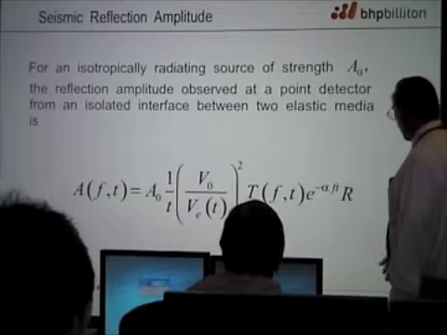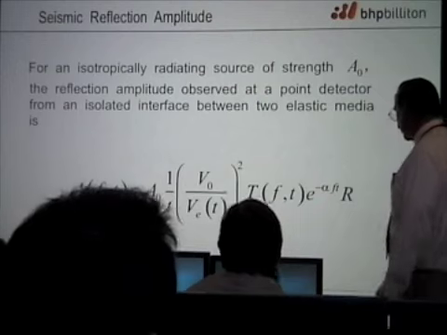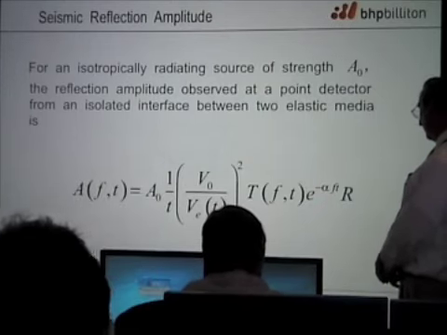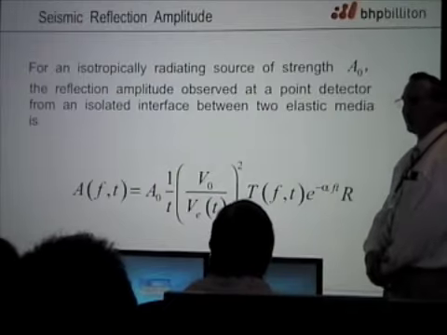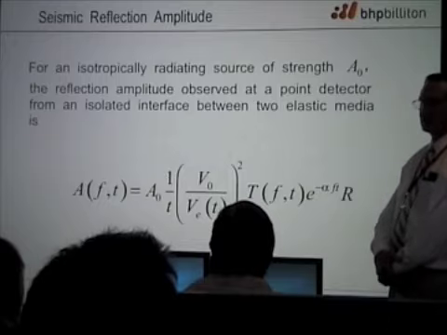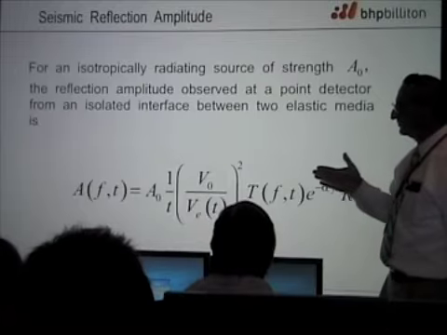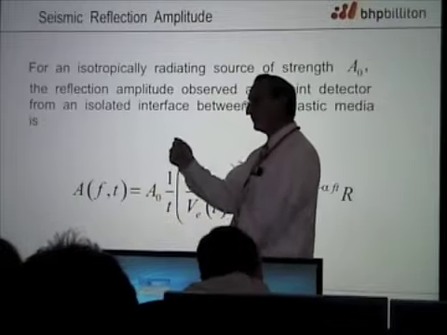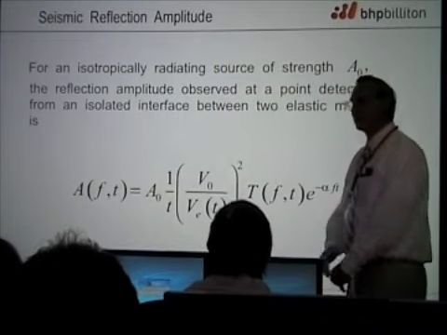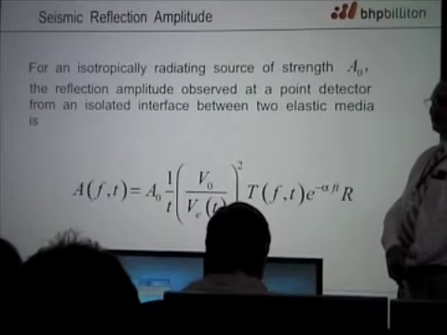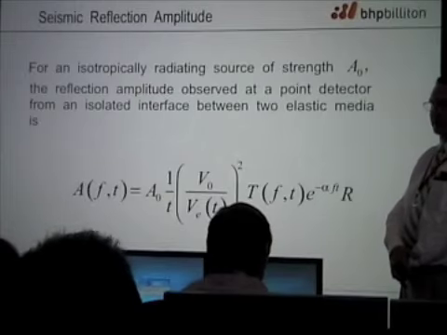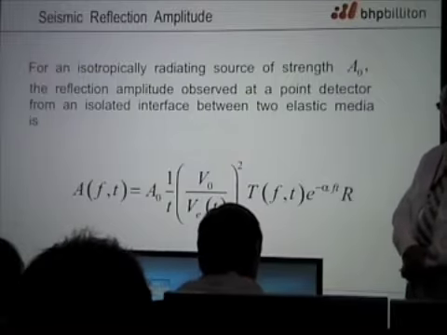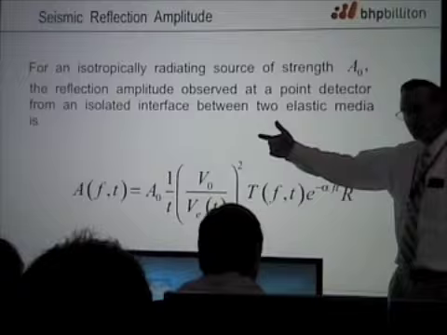Then there's this other term over here, e to the minus alpha f t bar. What's that? Well, the Earth isn't lossless. What you're doing is moving particles, either longitudinally for a P wave or transverse. To move particles takes energy, and some of that energy you don't recover when the wave passes. It's converted into heat. There's friction. So you lose energy just as the wave propagates.